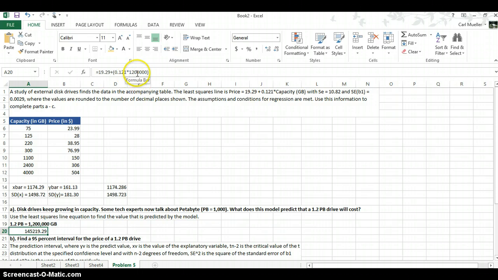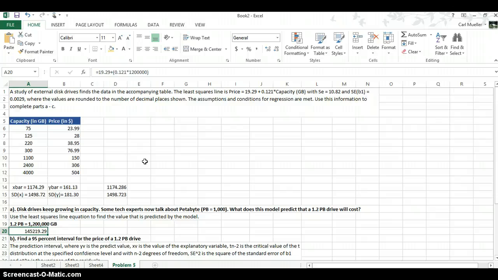Be careful about your zeros. So this is 1.2 million gigabytes, and as you can see, the predicted price based on this is $145,000. You can tell just by that this is more than likely not realistic for the average consumer, but for a company's defense department, anything like that, this is probably more than adequate.